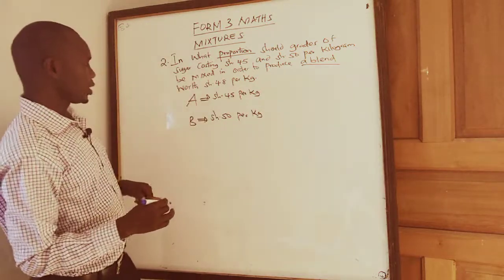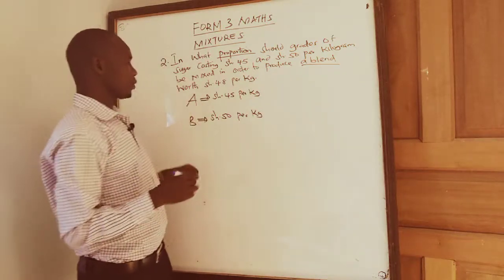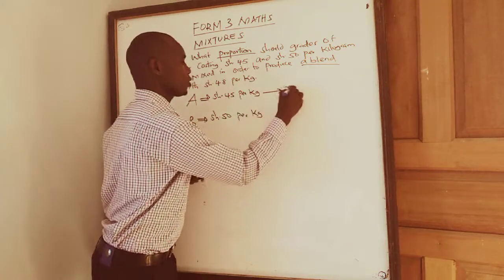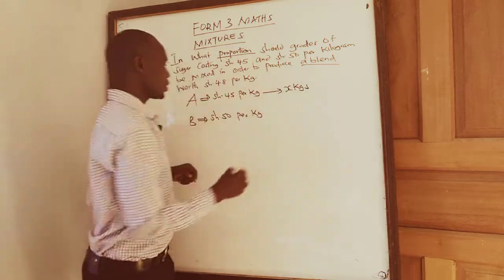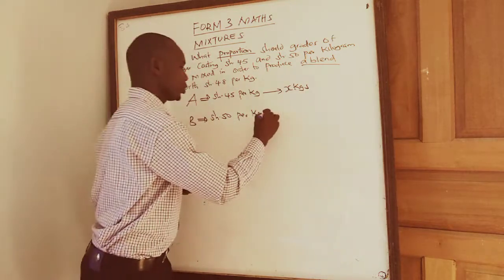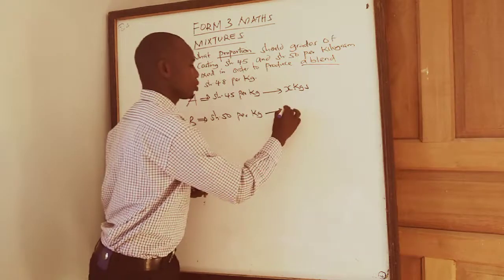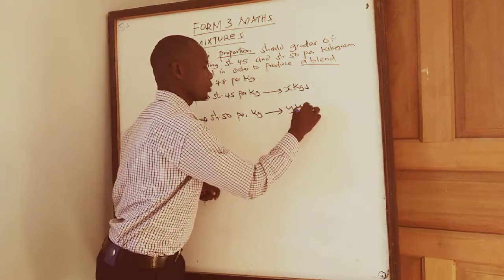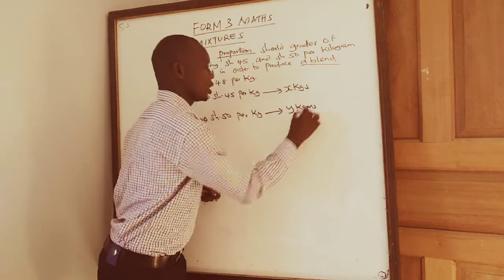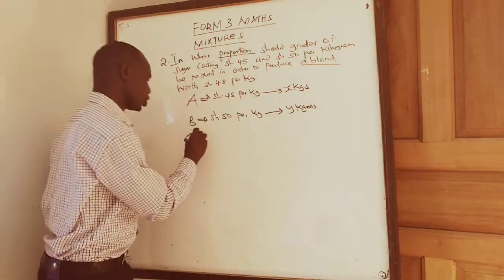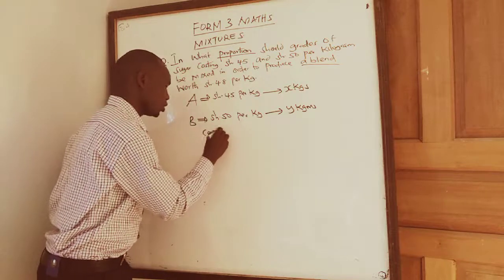We do not know the number of kilograms of A that were bought, and therefore we assume we bought X kilograms, and we do not know the number of kilograms for B that were bought, so we assume that we bought Y kilograms of B.